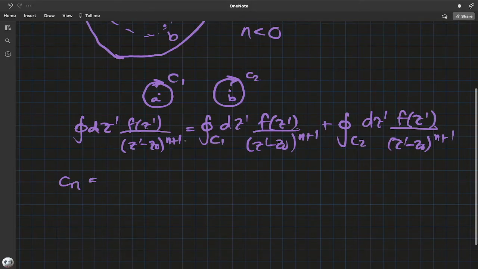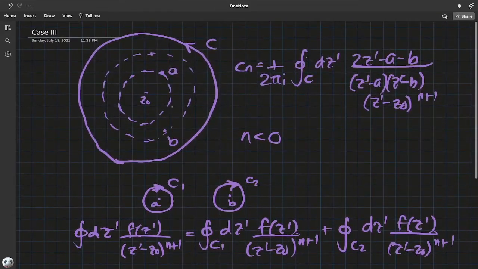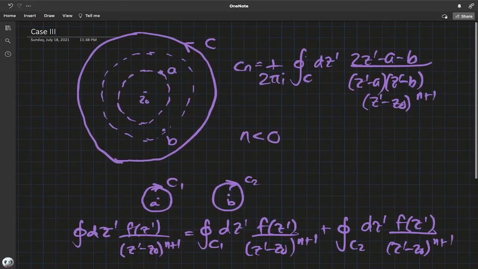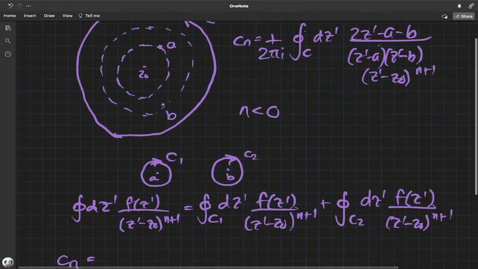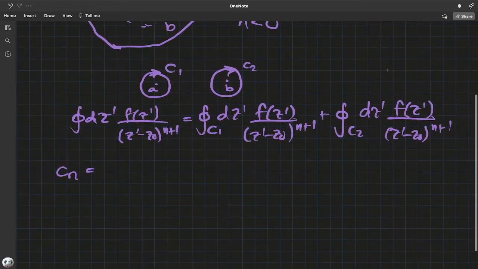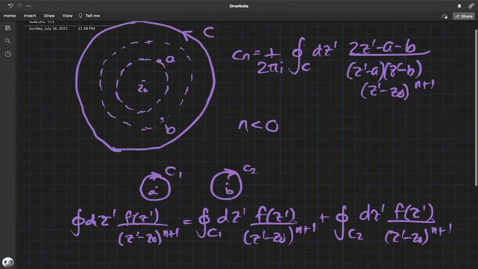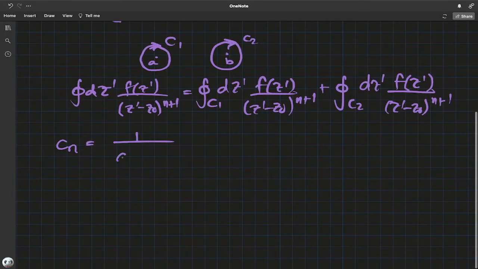If we do it for C1, which encloses A, by the Cauchy integral formula at A, we plug in A at everything except z' minus A, so we get basically the term we got before. A minus B and A minus B will cancel out. We just have 1 over (A minus z naught) to the n plus 1. This is just like case 2.